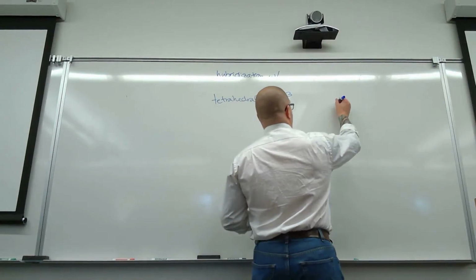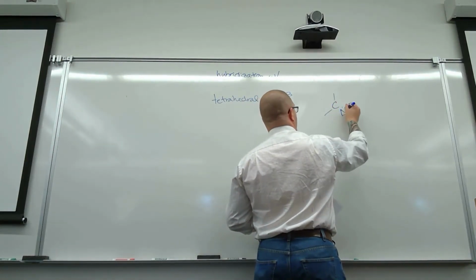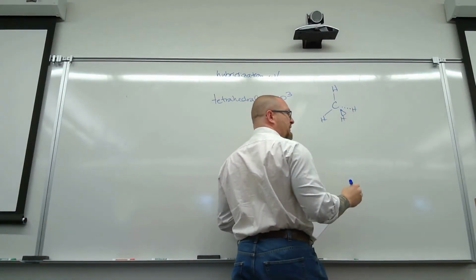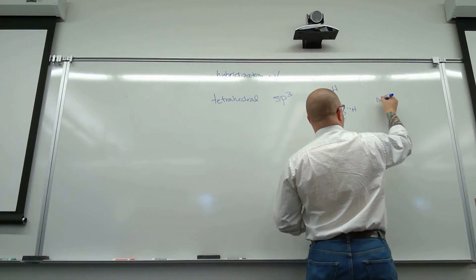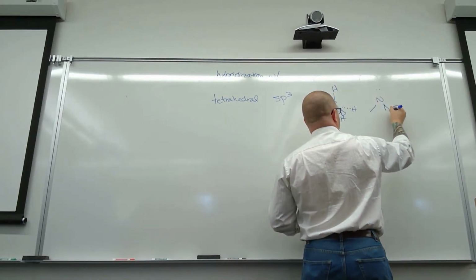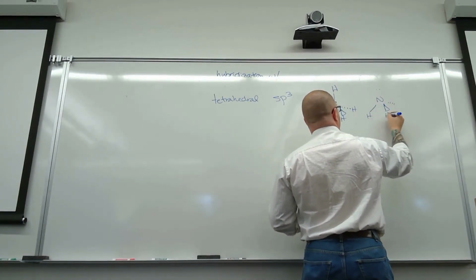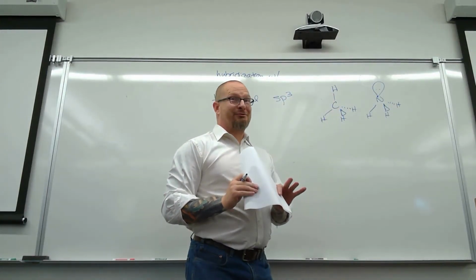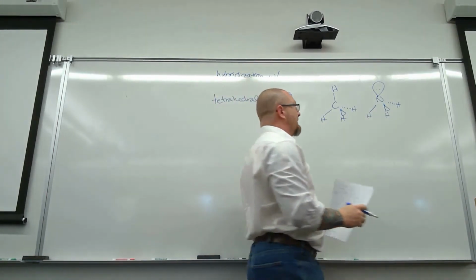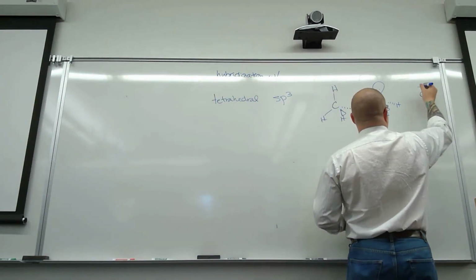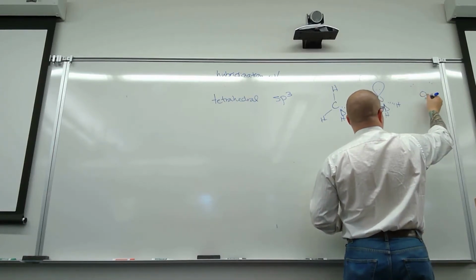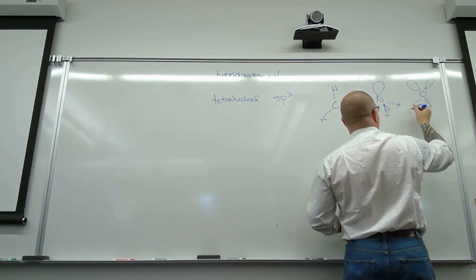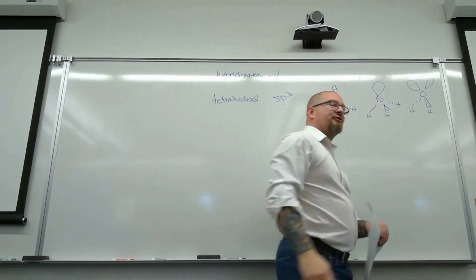So methane is tetrahedral electronically and is sp3. Ammonia is tetrahedral electronically and is sp3. Water is tetrahedral electronically and is sp3.